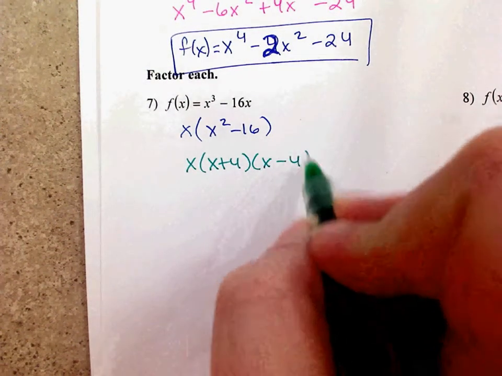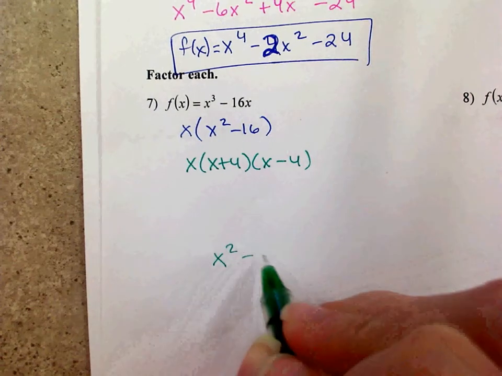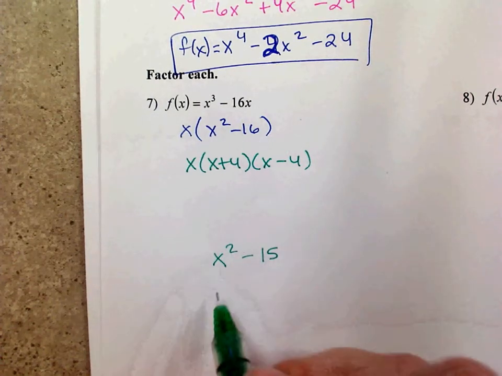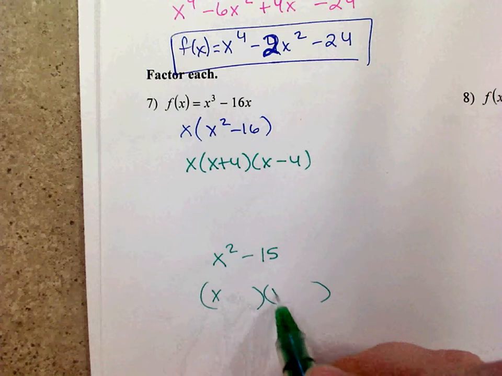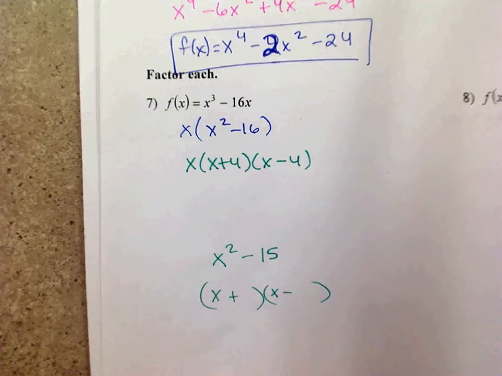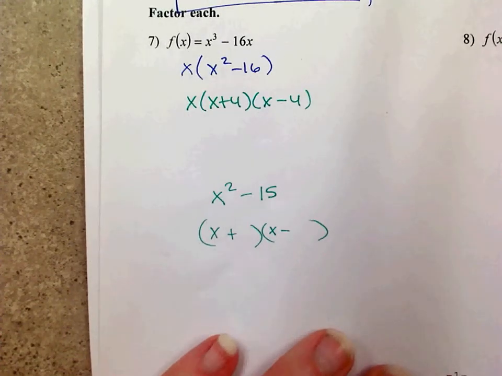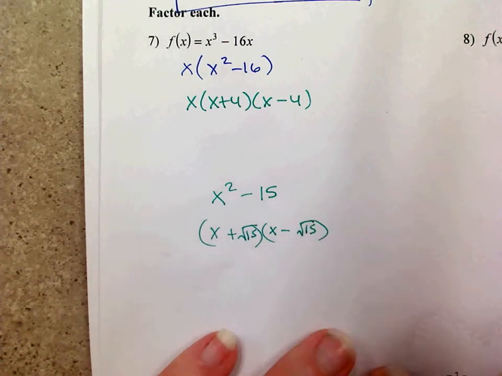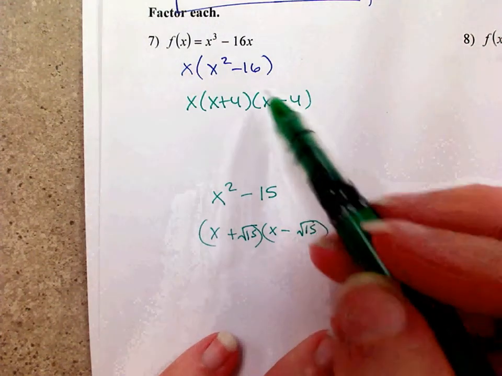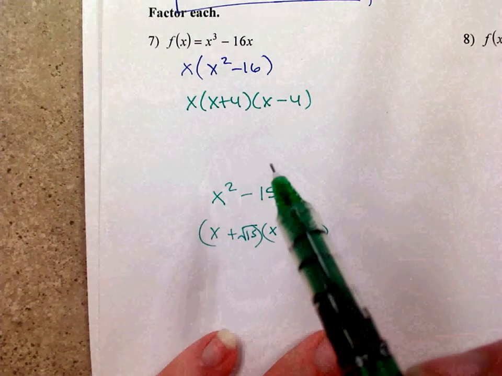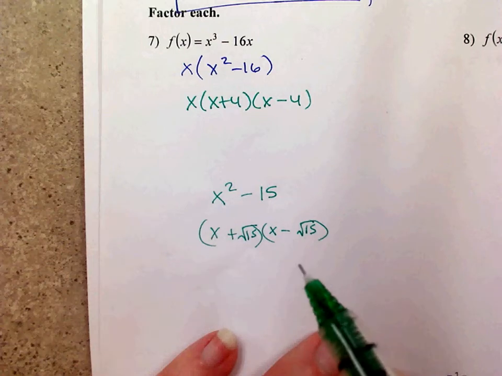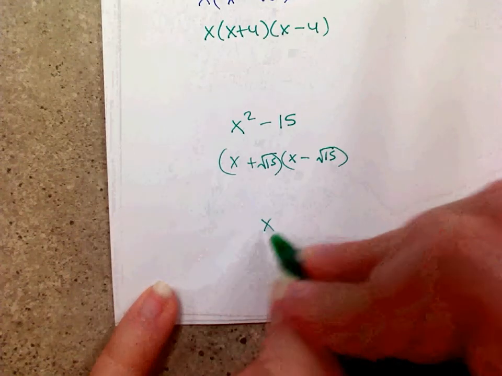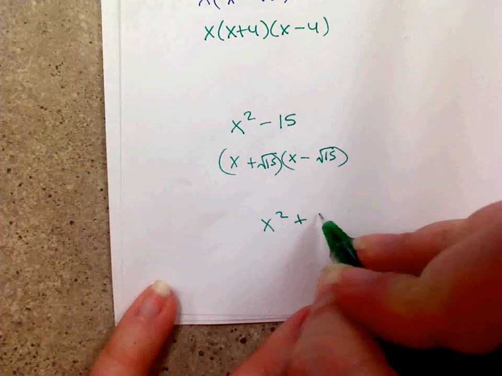Yeah? What is x squared minus 15 factor to? Square root of 15. Right? So because the square root of 16 is 4, I can put a 4 there. If it's not a perfect square, then I got to put those there, right? What if it was x squared plus 6?